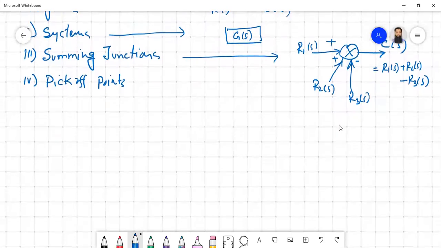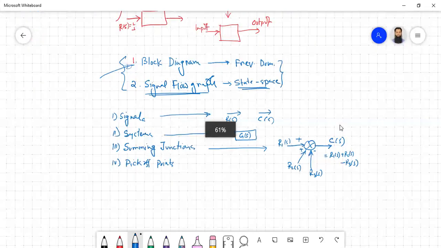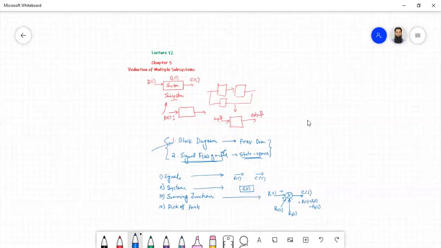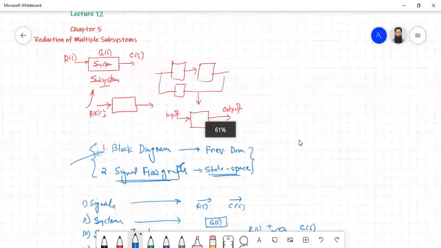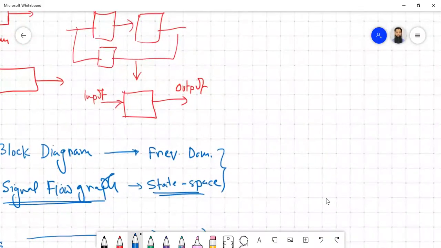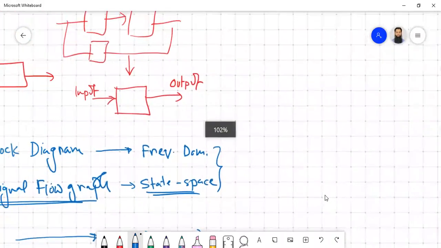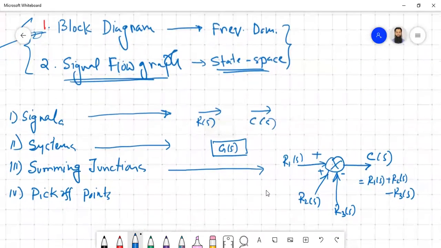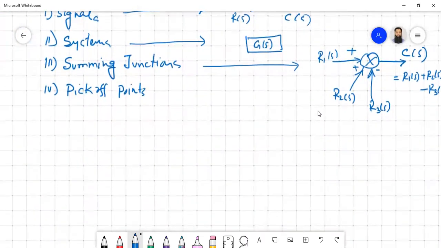And then the pickoff point. A pickoff point is a point that distributes.